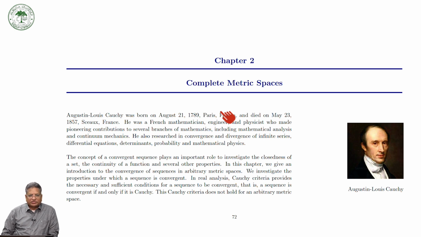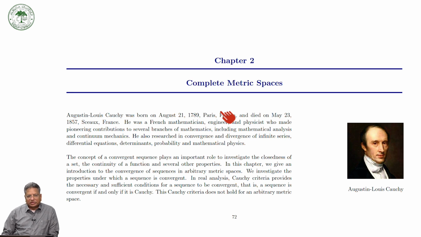In the convergence of a sequence we see that for every epsilon positive there exists a positive integer N such that the mod of xn minus x is less than epsilon whenever n is greater than capital N. So that was the definition of a convergent sequence to a point x in real analysis. Now how can we extend this definition to an arbitrary set, or in particular, to a complete metric space?